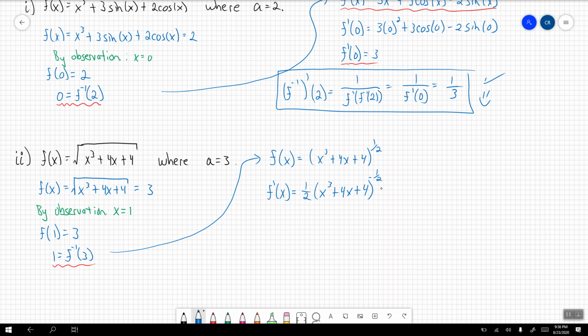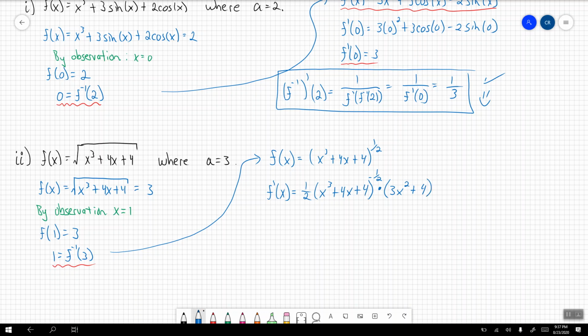Take the derivative of the inside. That's the chain rule. First we did the power rule, now we're doing the chain rule. We need to take the derivative of the inside. The derivative of the inside is going to be 3x squared plus 4. That's the derivative of the first term, the derivative of the second term, and the derivative of the last term is just 0, so that goes away.